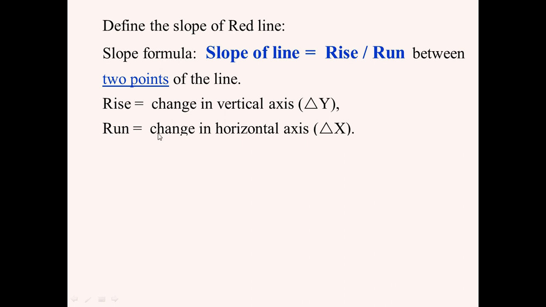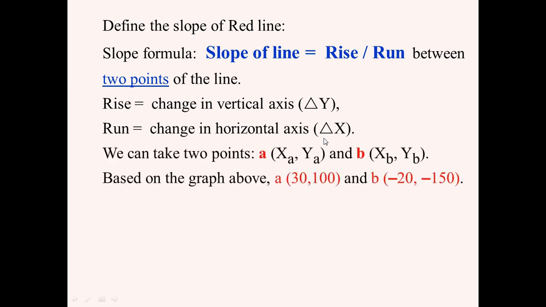Run means the change in the horizontal axis, the change between the 2 points A and B on the x-axis. So how do we find the change?